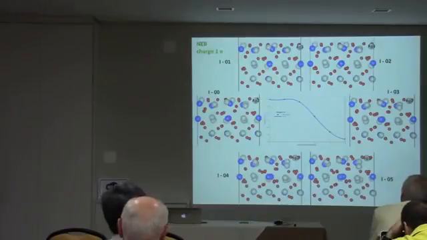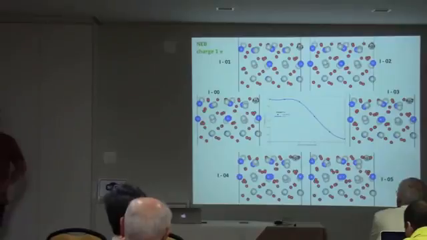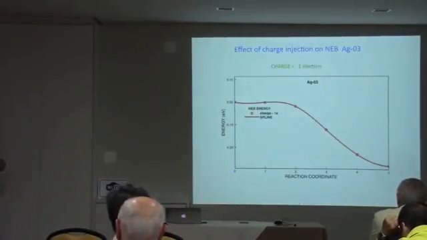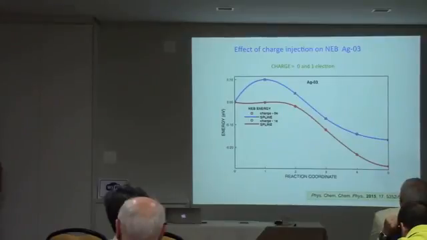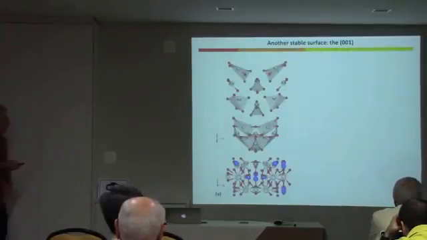So we find that the silver atom just will follow this reaction coordinate with no energy cost. If we compare both situations, the small barrier can be even reduced by the effect of the electron in the system.